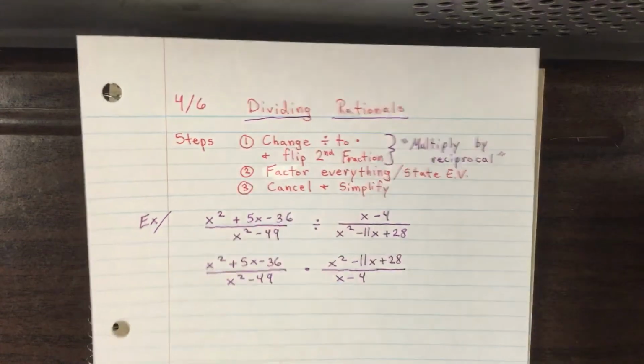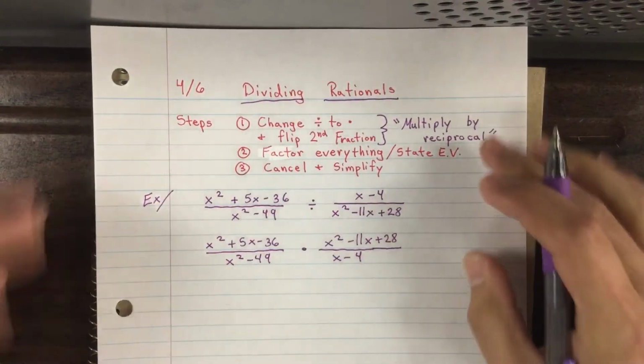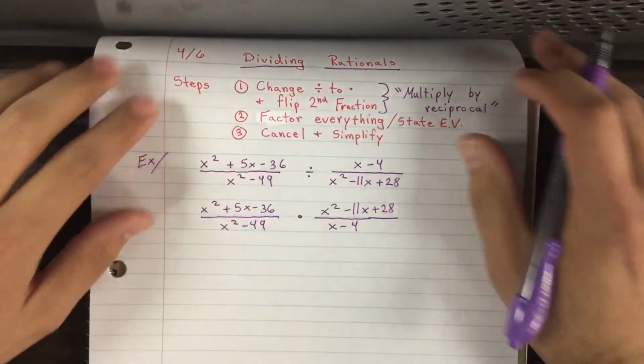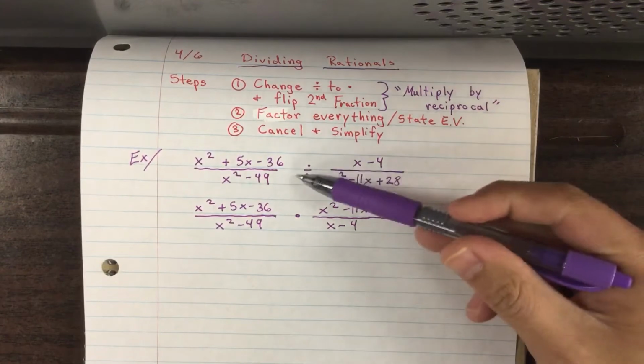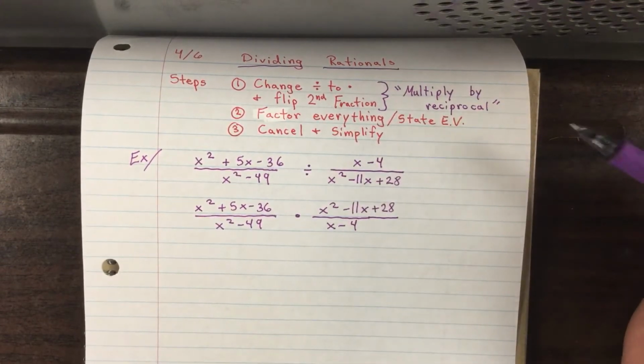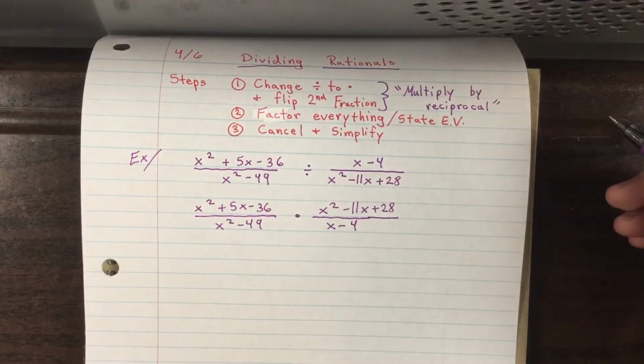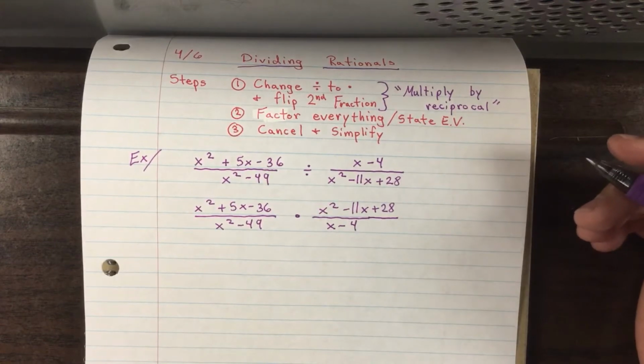So right then and there, that first step, multiply by the reciprocal. Change the sign, flip the fraction. Now it's multiplication. Do what we did in the lesson before.